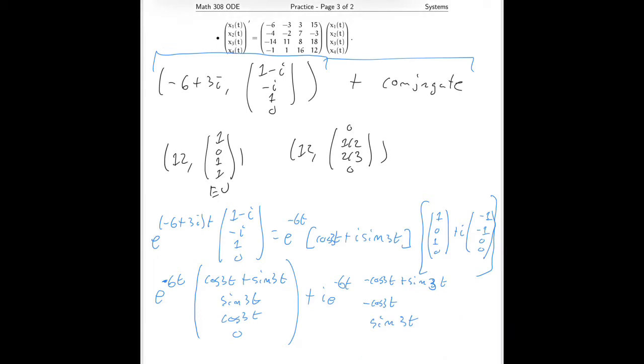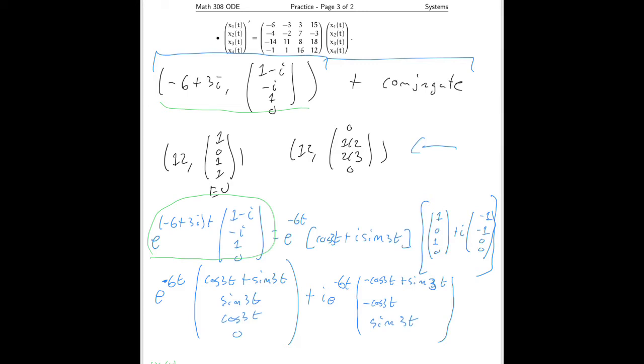Sorry, I'm gonna need to make that smaller. Okay, and we know what to do when there's a complex eigenvector. And so this tells us that the general solution, I'm gonna have to write really skinny vectors, is going to be a times the real part plus b times the imaginary part.